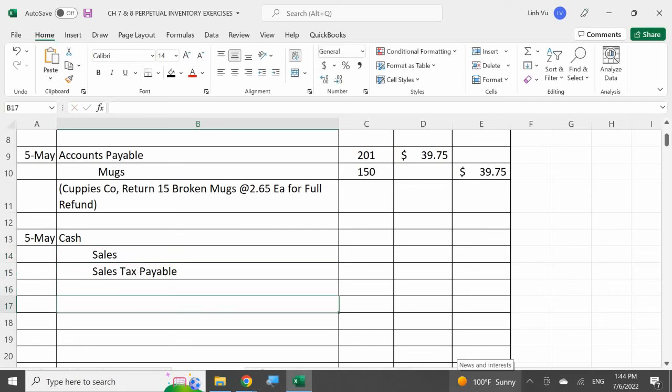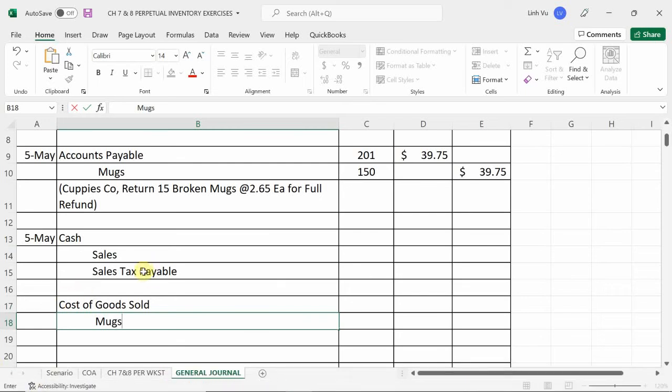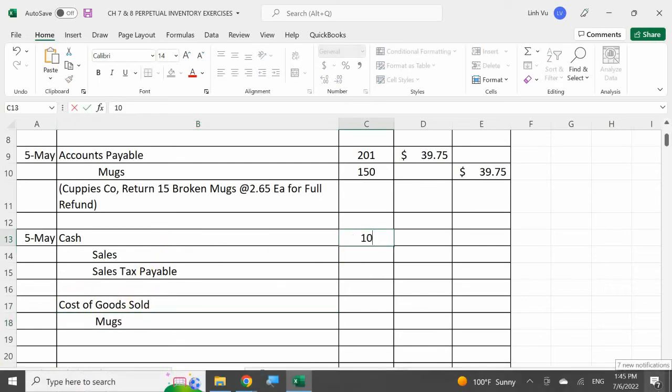And we also established that there must be a cost of goods sold, and we are going to reduce my inventory of mugs. So we have accounts 102, 401, 230, 501, 150.